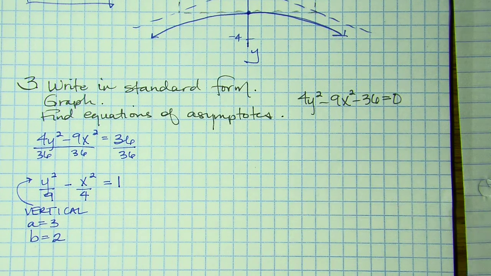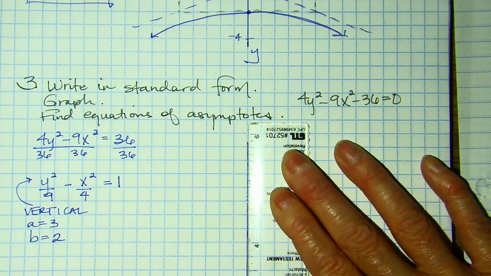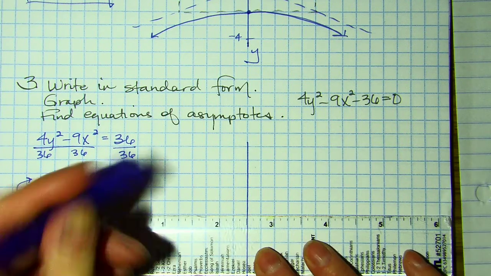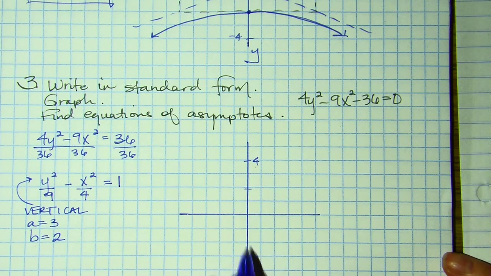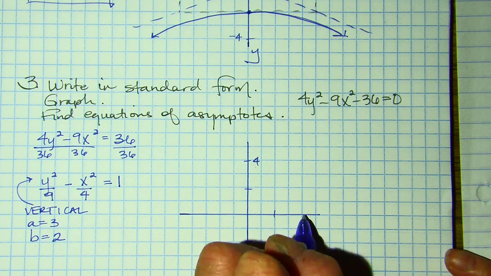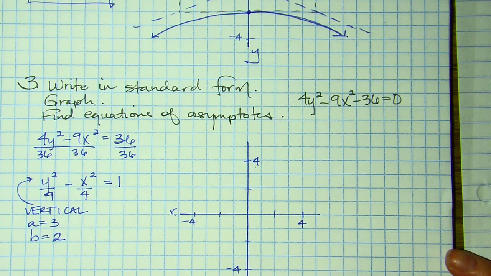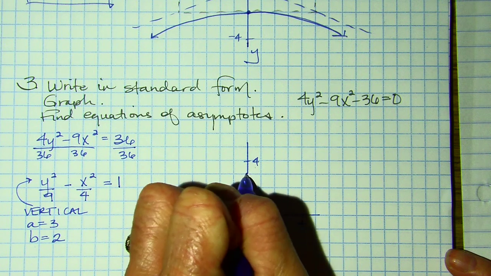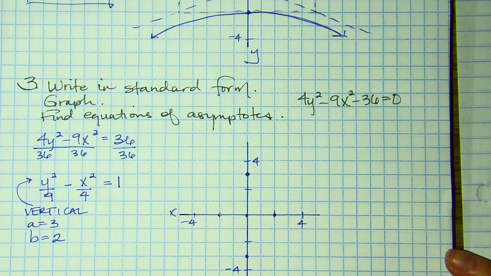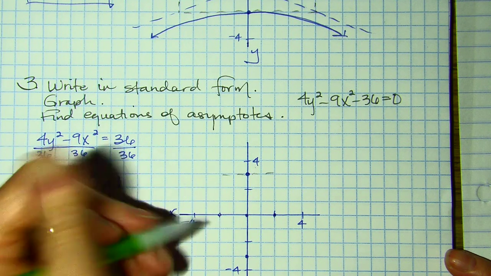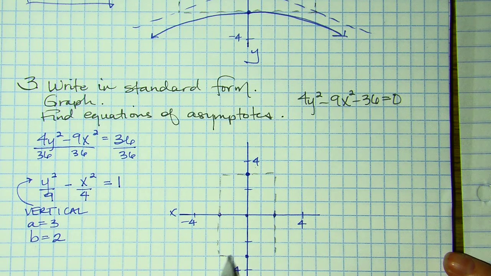So this is going to look very similar to the last one and how I do it. Starting from the center, I'm going to go up 3, down 3, right 2, left 2. I'm going up 3 because it's vertical. So based on that rectangle, I can determine rise over run.